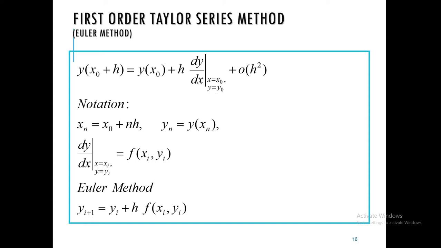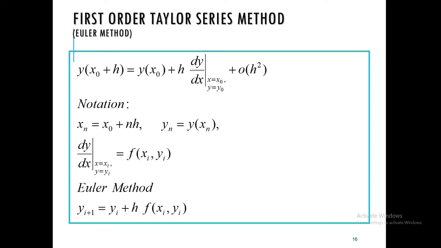And if you look at this carefully, y at x naught plus h f at x naught, y naught is what formula? The Euler's formula.